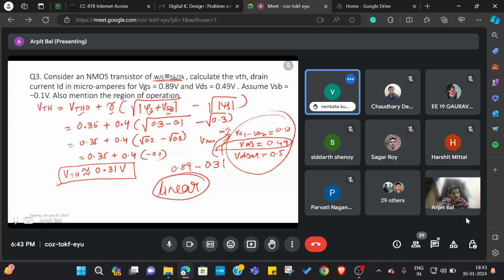If you are considering from ID to S, you can put a negative sign. But usually what I have seen is ID in NMOS is considered positive, and in PMOS it is considered negative. Okay, thanks.